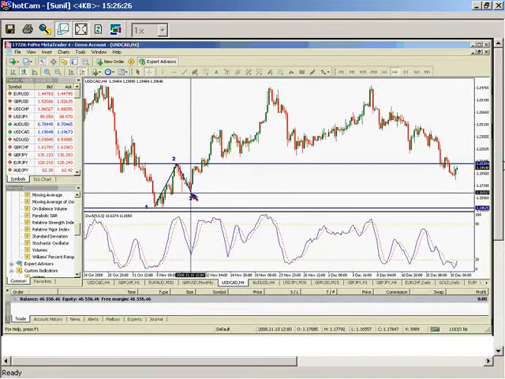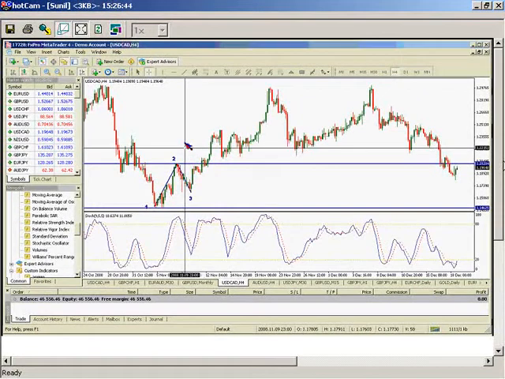The low of 3 is 1.1650. So I'm going to add it over here, which should give me approximately 2,210. Let me plot one line over here. There you go. This is what it is.